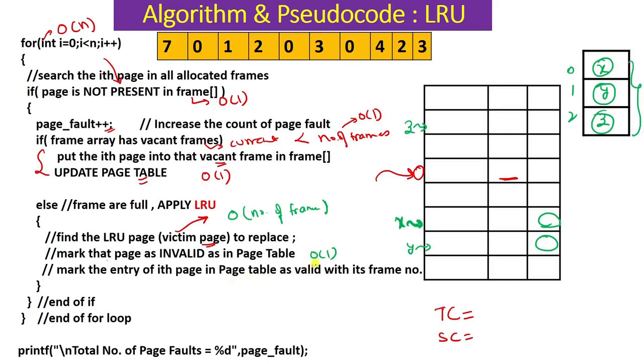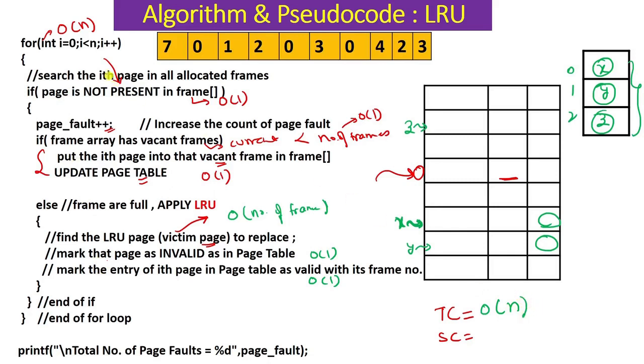I was actually updating 2 times, so 2 page table updates will be O(1) plus O(1). So basically if you do the time complexity calculation, it will be O(n). Either you will do this thing or you will do this thing, so basically O(n).